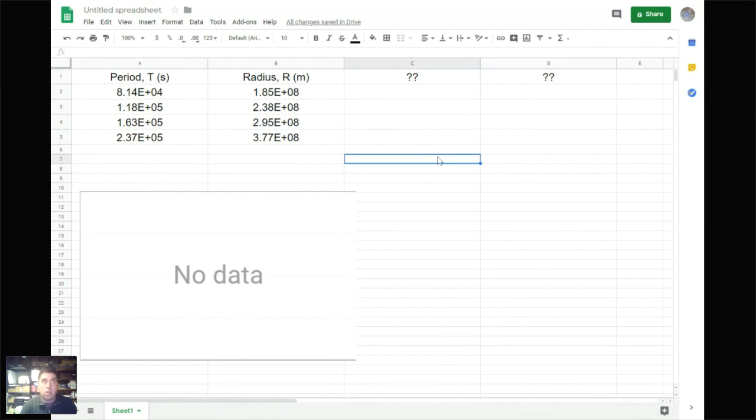So I know T squared equals 4 pi squared r cubed over G M. And again, I apologize. This is not the best way to represent this information, but I don't have a camera right now. So let me try to get this camera up and going again. Hopefully we'll have better success with this. But basically, what we're going to do is turn this equation into y equals mx plus b.